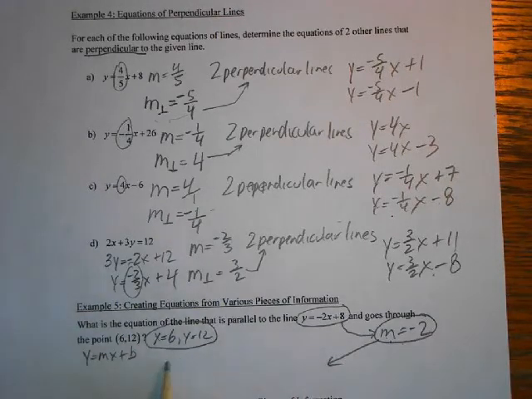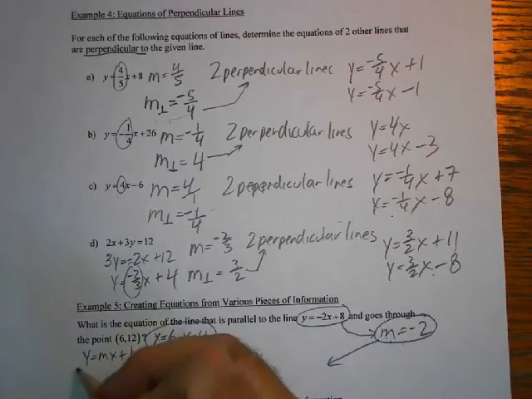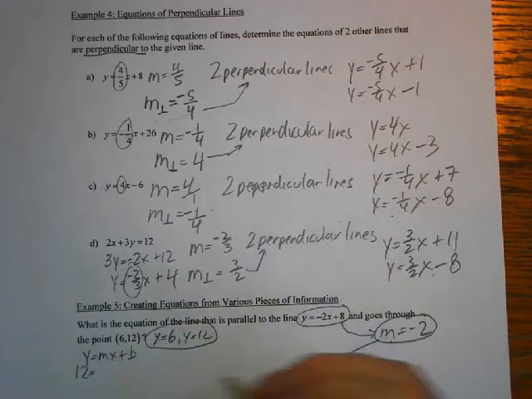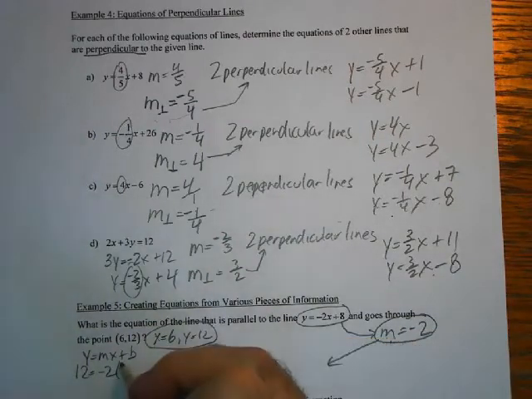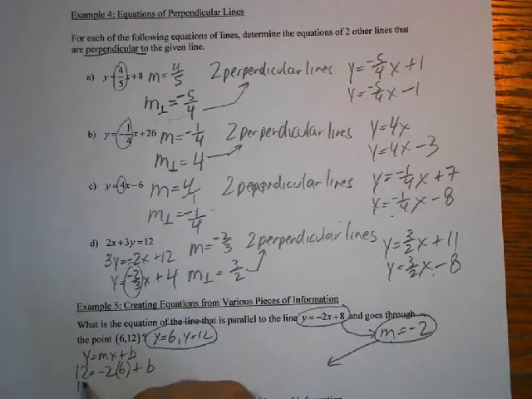Okay, so plug in y is 12, m is negative 2 from here, x is 6, plus b.